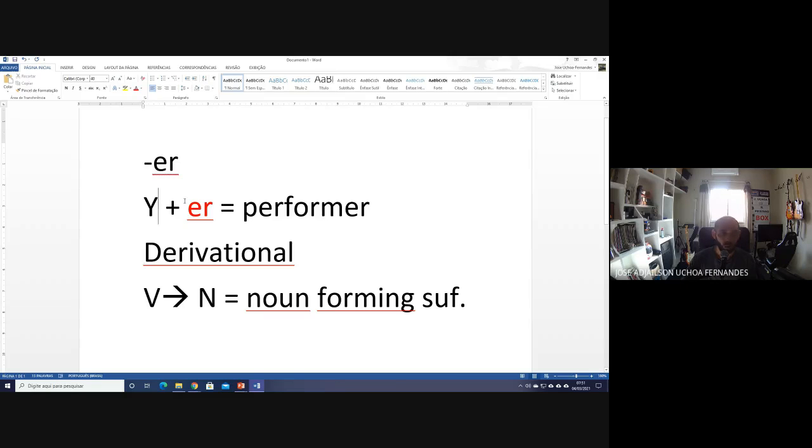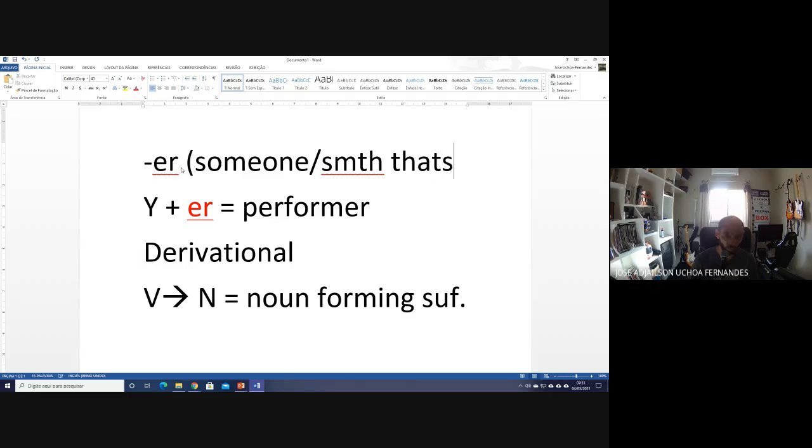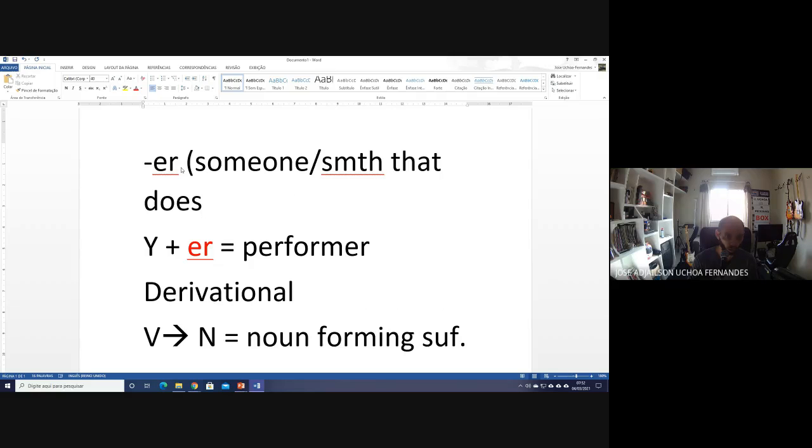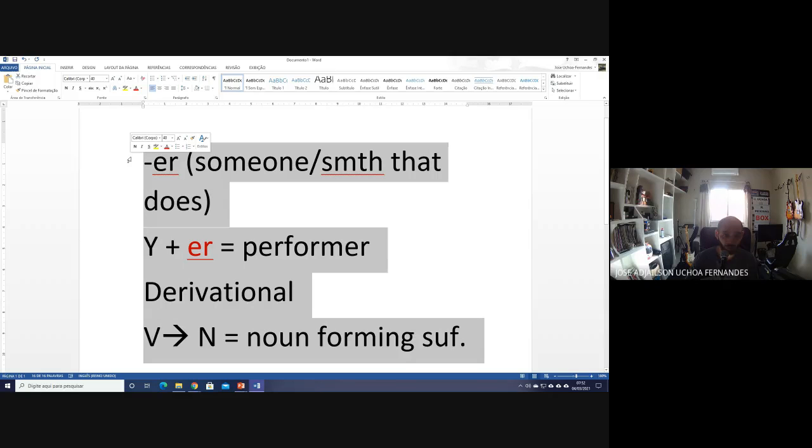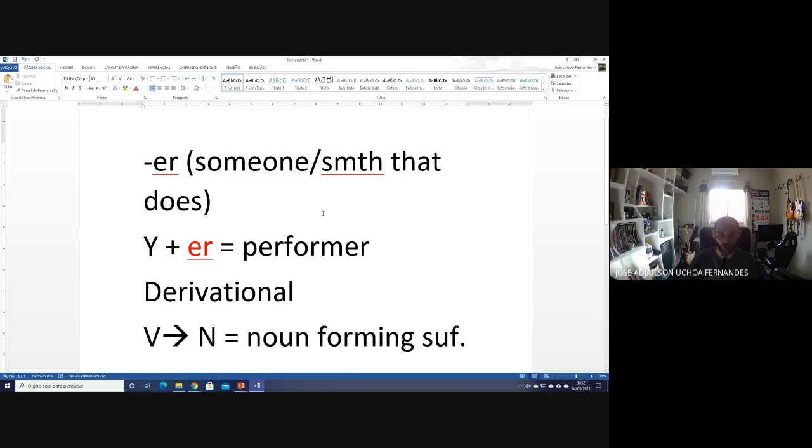So I'd say that this is someone or something that does or that performs a certain action, okay? So I call it a derivational noun forming suffix. Now we only have as a morpheme for someone or something that performs, or do we have some allomorphs?